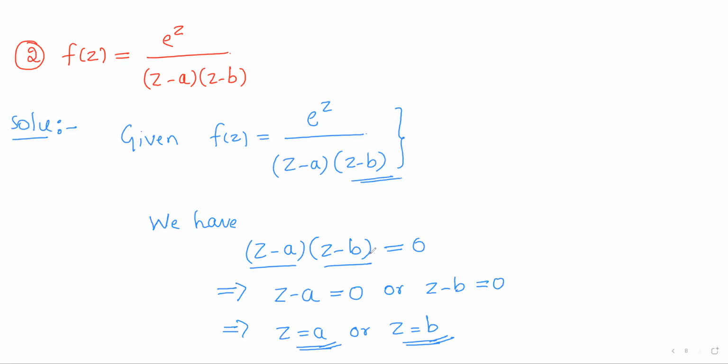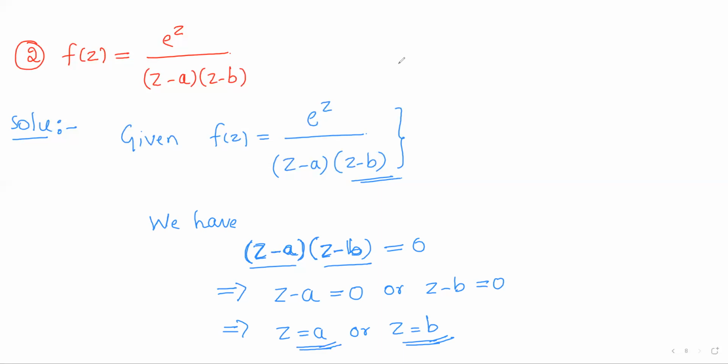So to check the order of the pole, just check the factor with respect to that pole. So here a is a pole and with respect to that there is one and only one factor z minus a. So its order will be 1. Here b is a pole and the factor of b is z minus b. So there is only one factor, that is, the power of that factor is 1. So the order will also be 1.